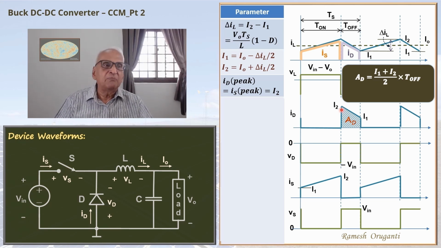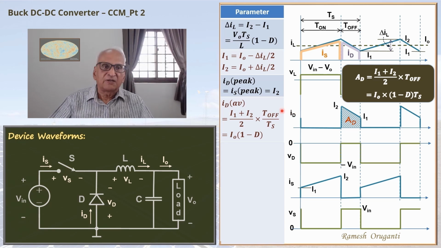So AD will be I0 times T off, and T off is 1 minus d times Ts. dTs is T on, 1 minus d times Ts is T off. So the area AD is I0 times 1 minus d times Ts. When you divide that by Ts, that will give you the average diode current, which is I0 times 1 minus d. This will help in the selection of the diode. This is the average diode current.